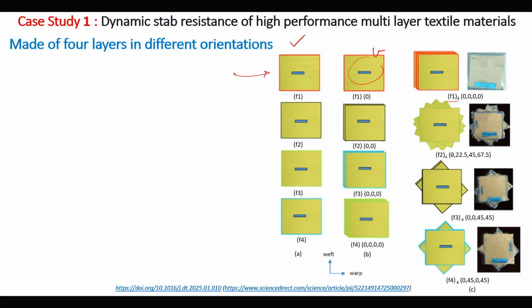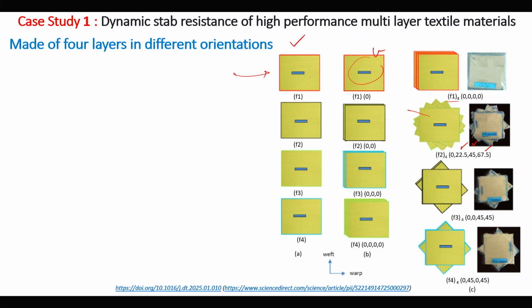The layers are, one with the horizontal configuration, and then the angles were changed. The second layer is at a 22.5 degree angle, the third one is a 45 degree angle, and the fourth, which is the bottom layer, is a 67.5 degree angle.